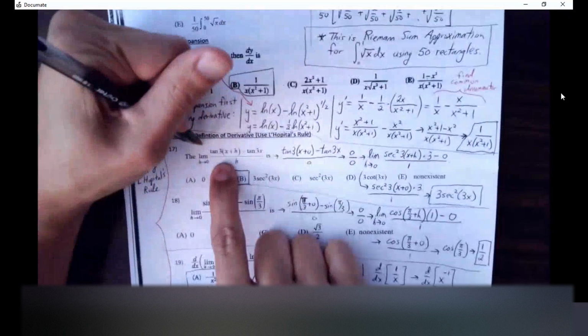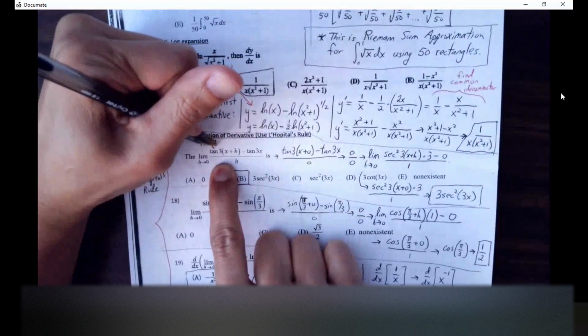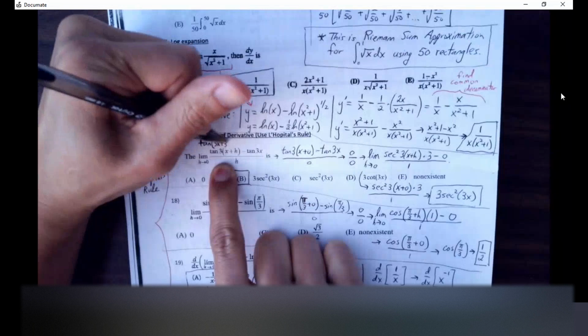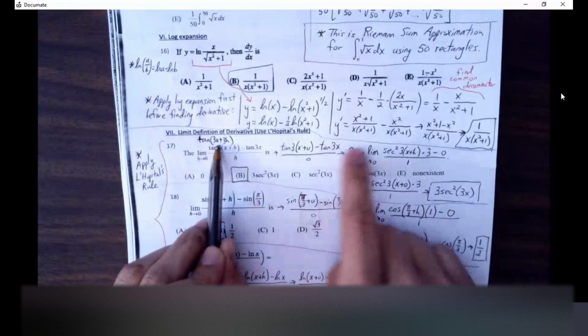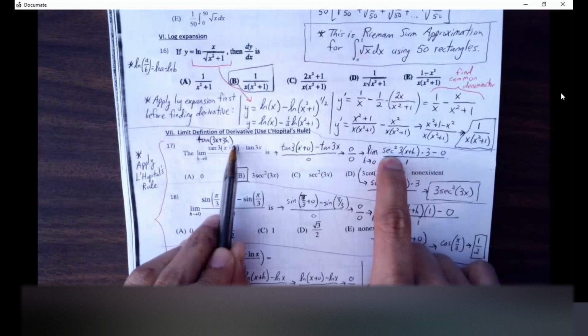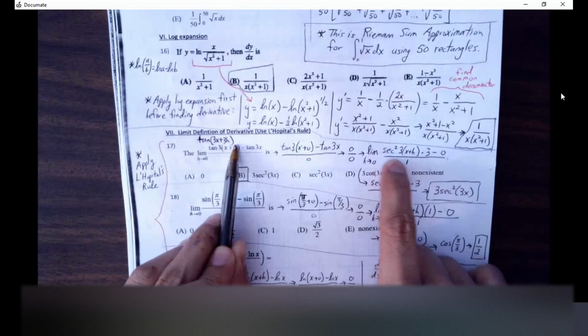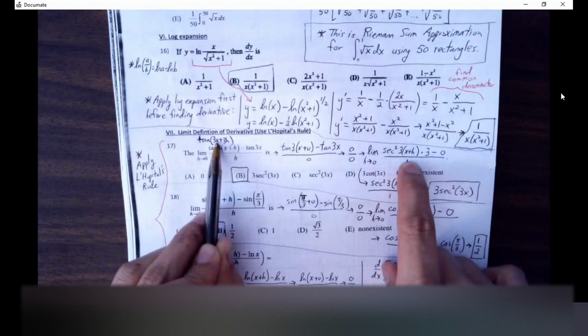The derivative of tangent of u is going to be secant squared of u times u prime. Another way of writing this is tangent of 3x plus 3h. And the u prime is going to be 3 from the h, not from the 3x. The x is a constant, so that's going to go away.